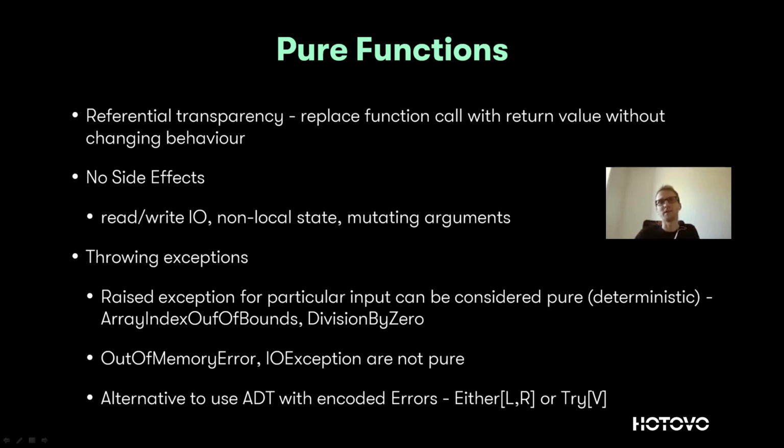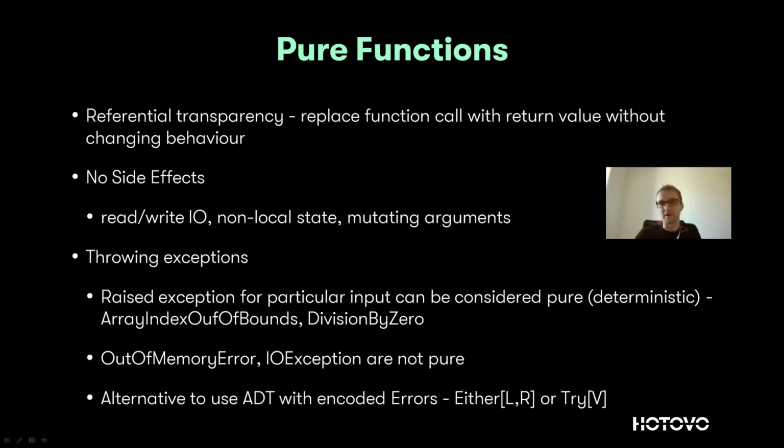So not only does the function return some value, but it mutates or accesses an external state. For example, it writes to IO, to a database, to the file system, or accesses state outside of the function. We'll get to the examples a bit later.